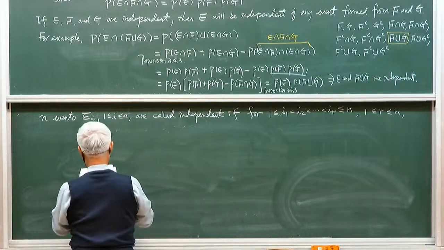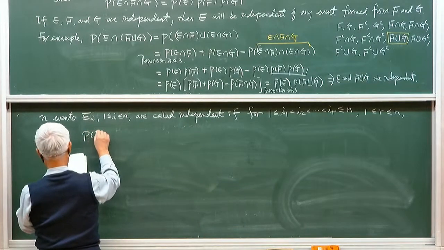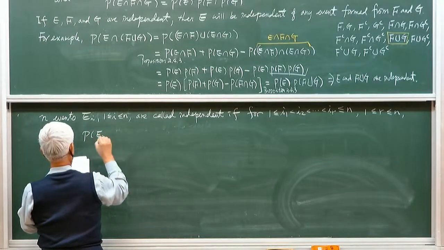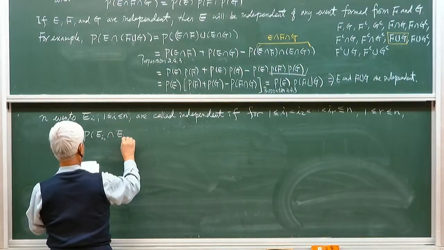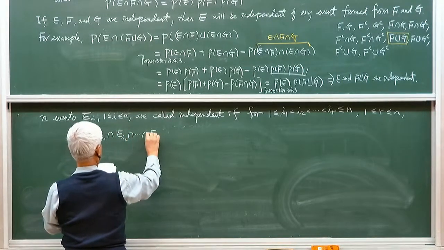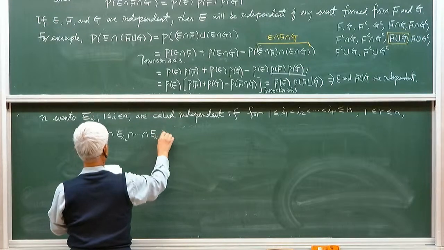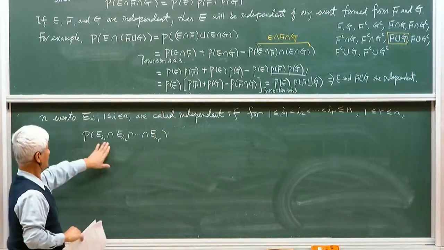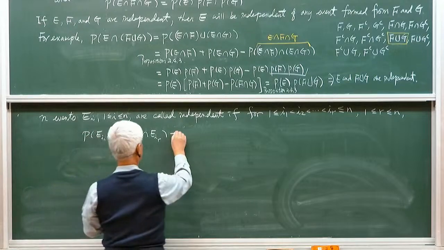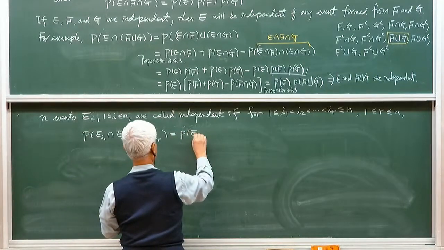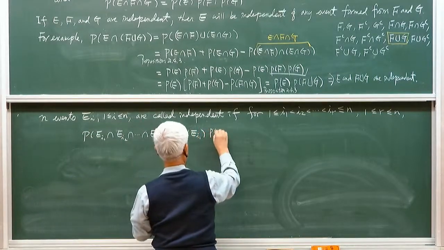Then E sub i1 intersect E sub i2 intersect E sub ir, their joint probability is equal to the product of individual probabilities.